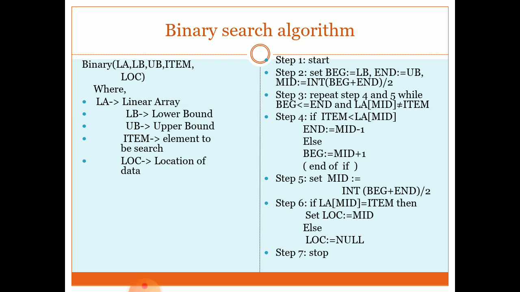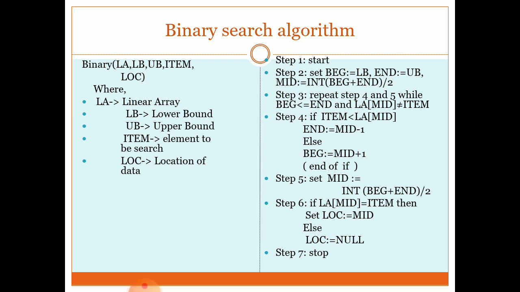Okay, so first of all we will see what is the method of that binary search. In binary search we will put the first element as the beginning, and the last element is at the position end.